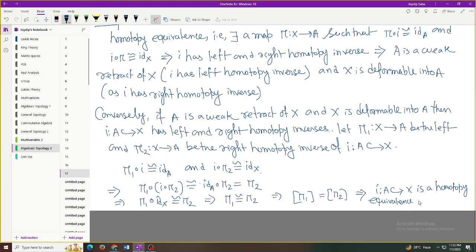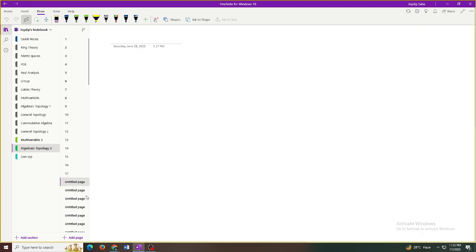Hence A is a weak retract of X. And we're done.